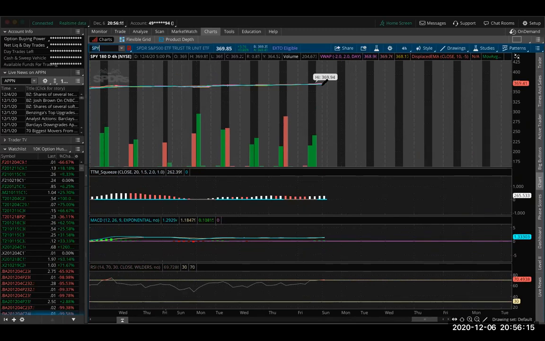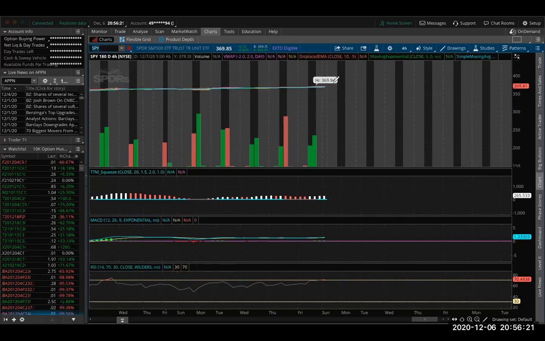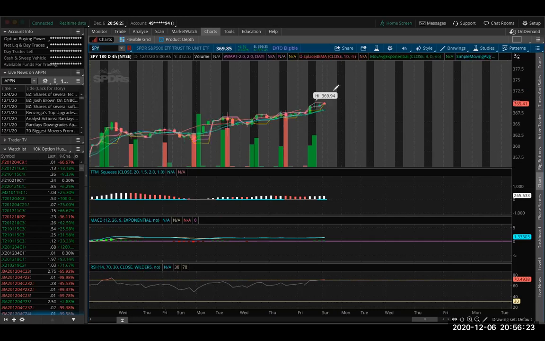But what we need to do is wait for it to pull back a little bit. So here's that breakout, we'll see that happen soon. I would just wait until it pulls back a little bit, maybe in this area down here somewhere, and then go into a long position for the end of the month.